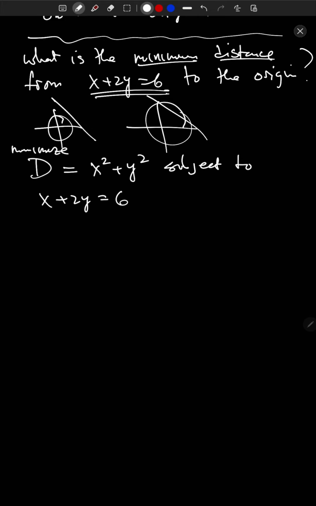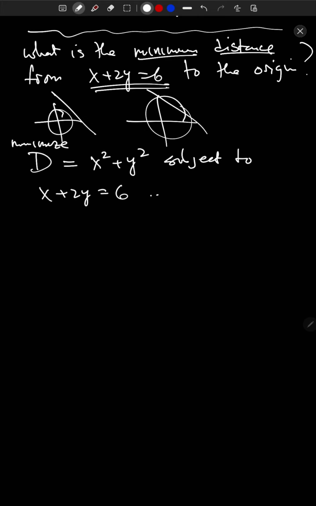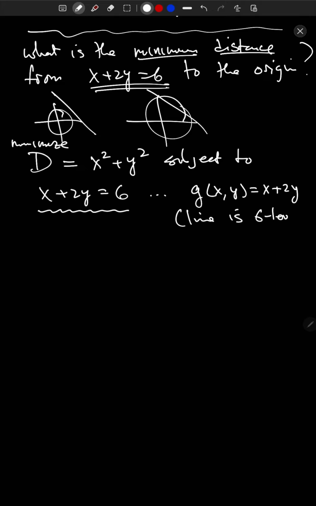All right. So I'm going to need to create a function that has a level curve equal to this guy here. And so that's going to be, let's use g(x, y) equals x plus 2y. And then our line is going to be the level curve 6. All right.